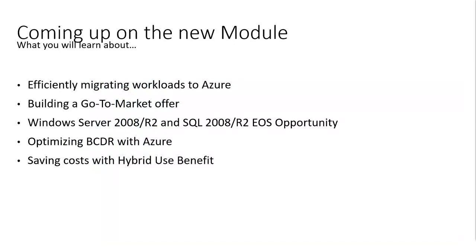So that's it for today's module. Coming up, not tomorrow, but Monday morning, we will have module 3. We will cover how to efficiently migrate workloads into Azure, the tools that are available to us to migrate, how to build a go-to-market offer on Azure so that you can build a managed service product, and what options you have to go to market with Azure.